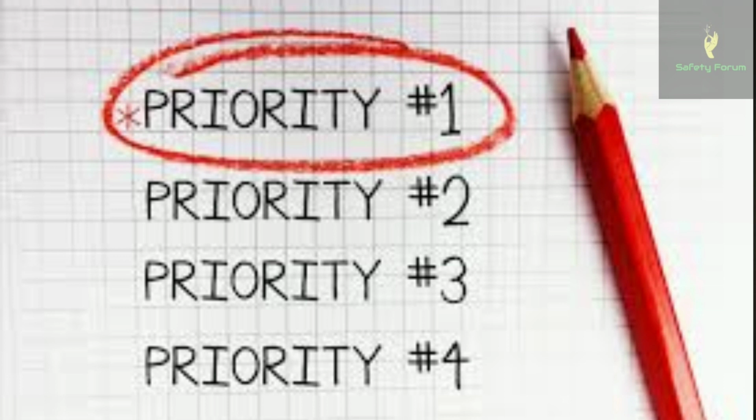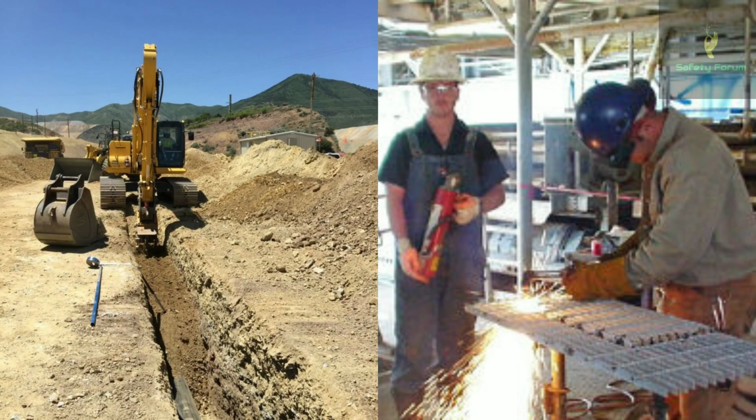So let us understand this priority with an example from the work situation. This will help you to understand how to write your answers on a priority basis. For example, if I ask you what all precautions you will take, what all things you will check before starting an excavation or any hot work in your company.